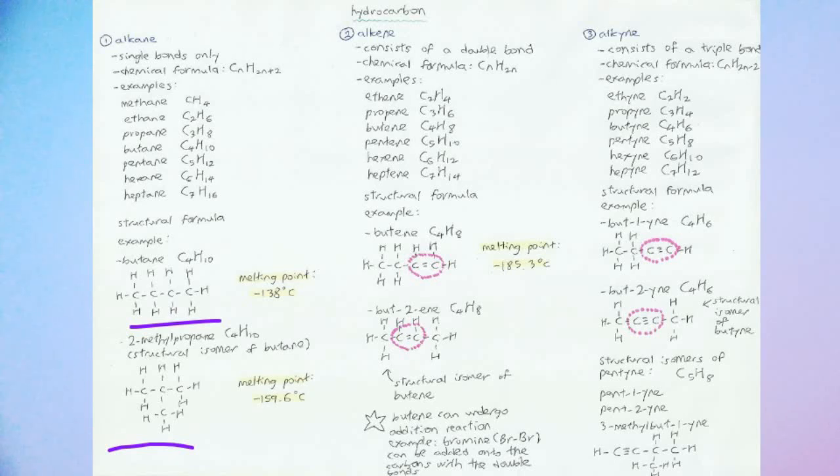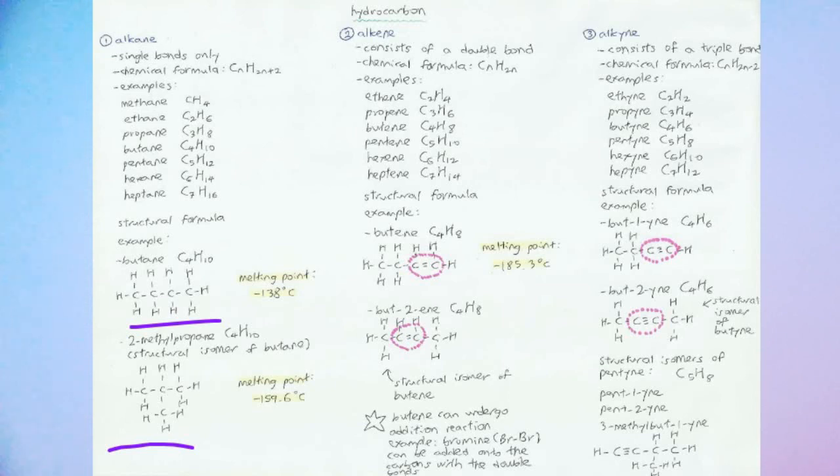So for addition reactions, there are many ways of doing it. One way is to add bromine gas into the alkene structure, and those bromine atoms will now bind to the carbons that have a double bond. Because carbon, as we know, is in group 14, it has 4 valence electrons. It can be bonded to 4 other atoms.